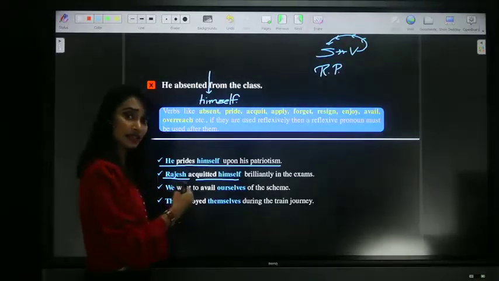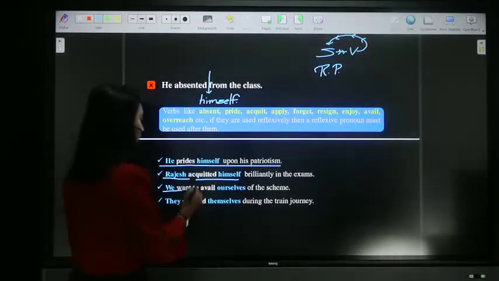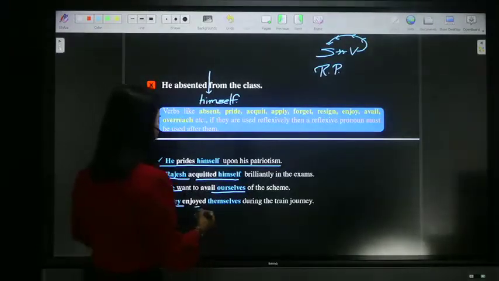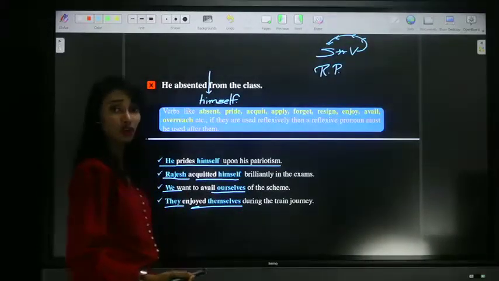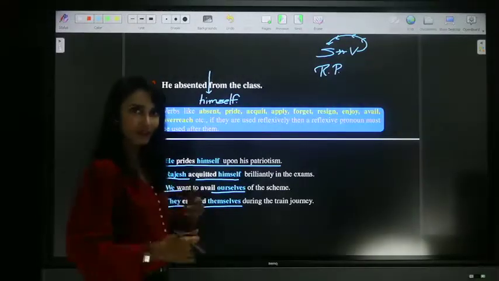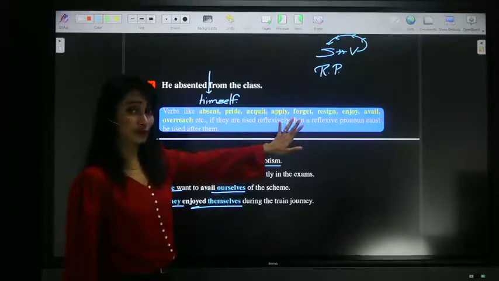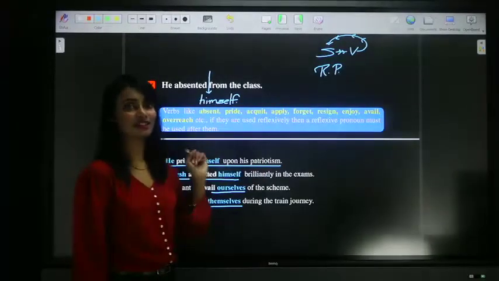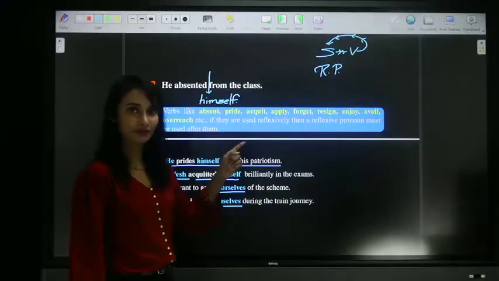Whom did he acquit? Himself. We want to avail ourselves of the scheme. They enjoyed themselves during the train journey. Who enjoyed? They. Whom did they enjoy? Themselves. So remember this list of verbs. When these verbs are used reflexively, you must use a reflexive pronoun after them.